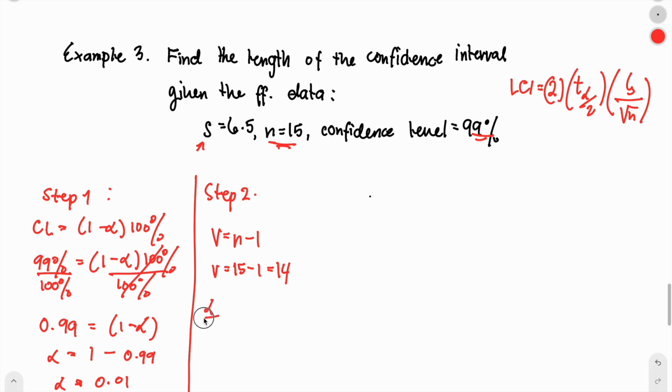And alpha over 2 is 0.01 divided by 2. We have 0.005. Right, so t sub alpha over 2 is equal to t sub 0.01 over 2, and this is t sub 0.005.